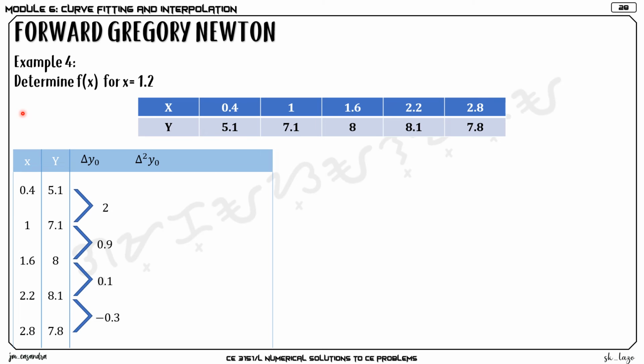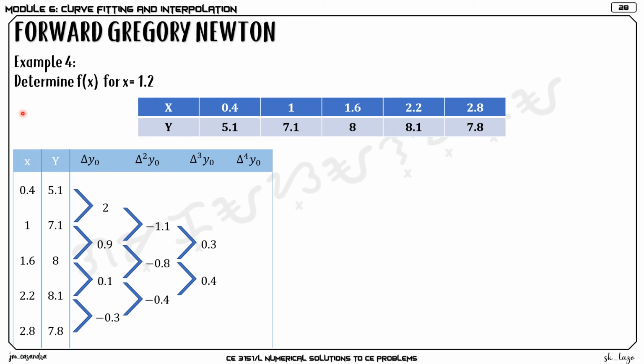Next, we have delta squared y sub o, which is equal now to 0.9 minus 2, which is negative 1.1. 0.1 minus 0.9, which is negative 0.8, and negative 0.3 minus 0.1, which gives us negative 0.4. Next, we solve for delta cube y sub o as negative 0.8 minus negative 1.1, giving us 0.3, and negative 0.4 minus negative 0.8, which gives us 0.4.